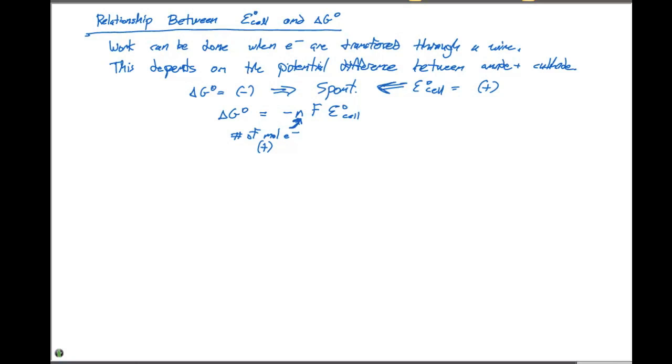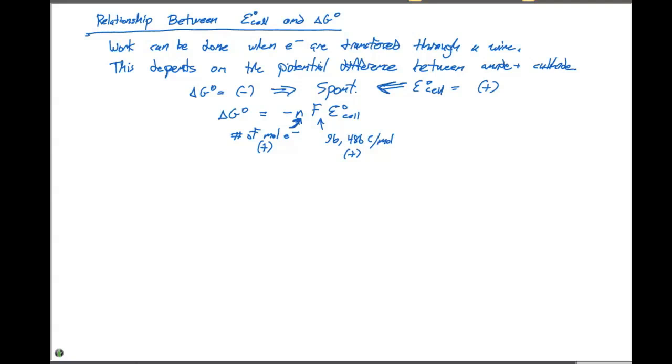F is the Faraday constant, which is 96,486 coulombs per mole. This is named after Michael Faraday, the scientist who derived this relationship. This value is always going to be positive. I will note, and I have this later in the notes, that sometimes the Faraday constant will also be written as 96,500 coulombs per mole.